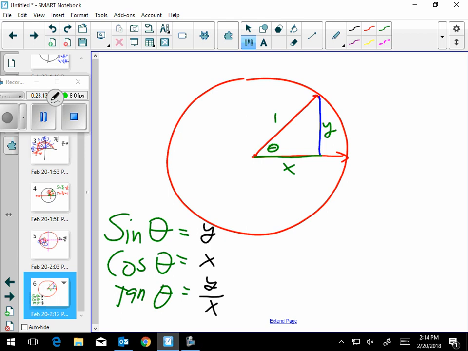If your tangent button was broken on your calculator, you wouldn't really need it. You could figure out the sine of the angle in question. Like you're going to do tangent of 24, okay? You could figure out sine of 24 and cosine of 24 and divide them. That's what tangent is. It's y over x. It's sine over cosine.